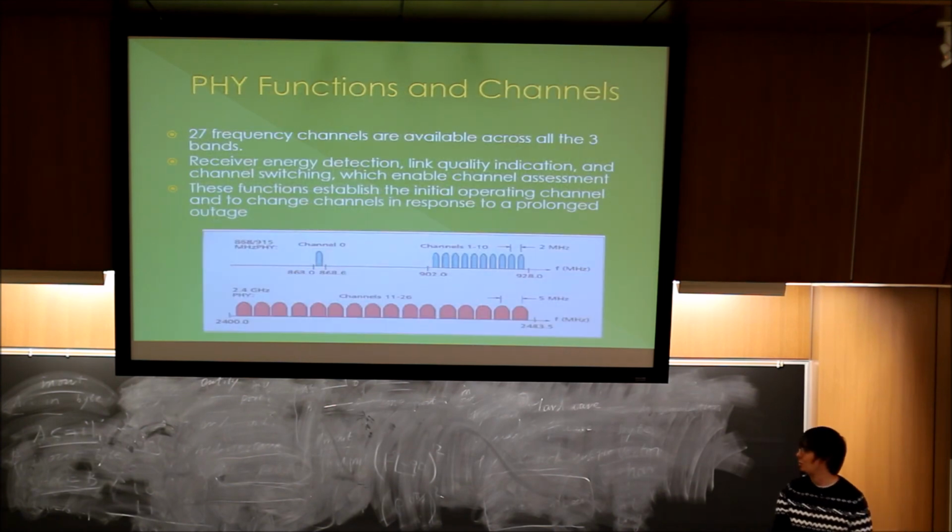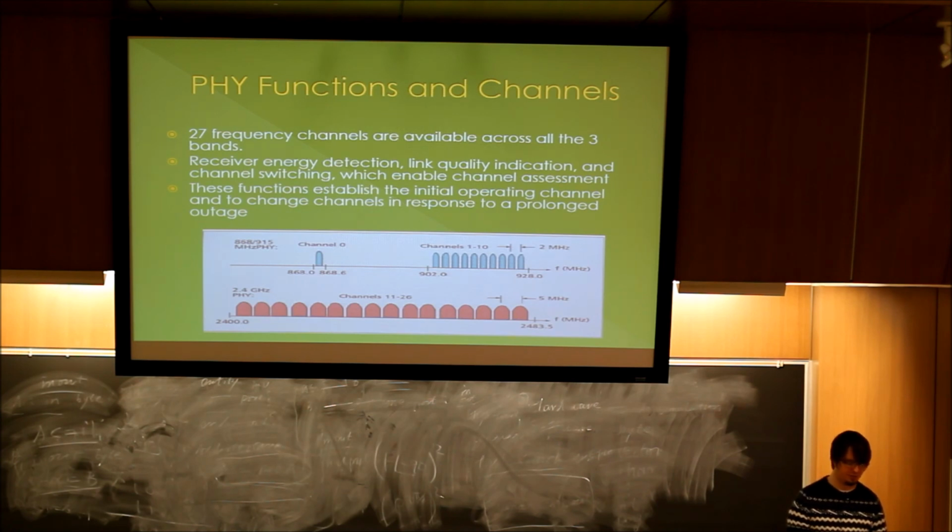So we've got a little graphic of the different channels that are available for the different frequency bandwidths. The physical layer also provides us with a few nice features like link quality. It'll keep track of the quality of the link, which is indicated by packet drops and that kind of thing.